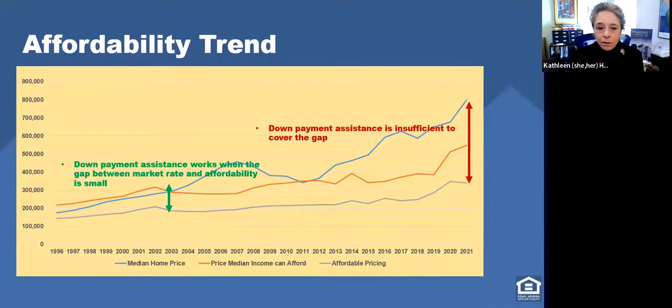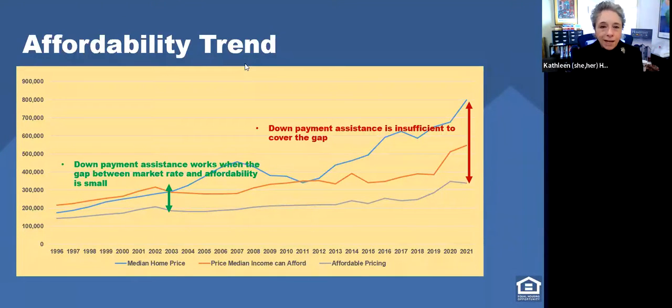But since about then, the run up of the median price of a home has outstripped income growth so significantly that we have these gaps between what's affordable and what people can afford of $400,000, $500,000, $600,000, $700,000.